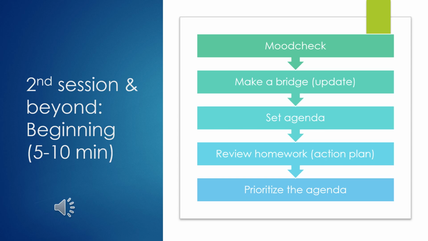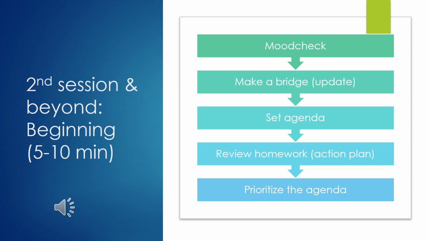So you've learned how to structure your first CBT session, and for a second session and beyond, you're actually keeping very similar structure. You're going to start with the mood check, and then make a bridge from the past week's session to this week's session. The reason is that you want your clients to develop some sense of continuation.